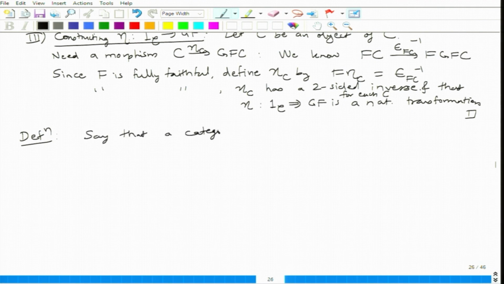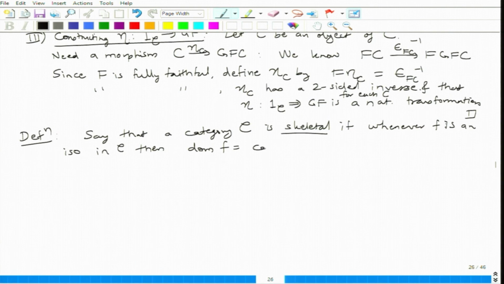A category C is skeletal if whenever F is an iso in C, then the domain of F is equal to the codomain of F. A skeletal category is one where there are no non-trivial isomorphisms which are not automorphisms.